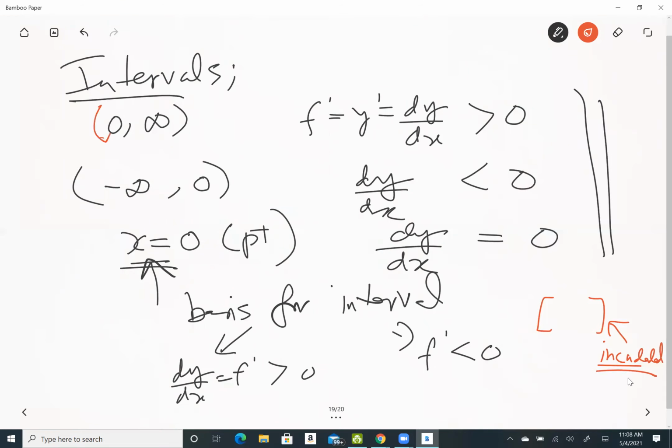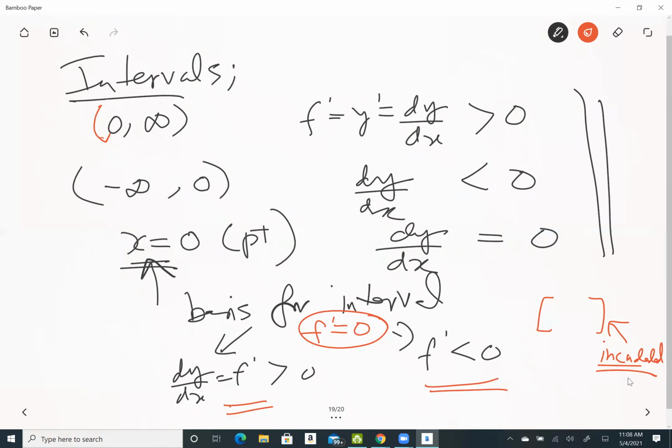So what I discussed here is that the breaking point is based on where f prime is equal to 0. Here it is just an example where x equals 0. Then you can break the function into intervals for which f prime is bigger than 0 and f prime is less than 0.